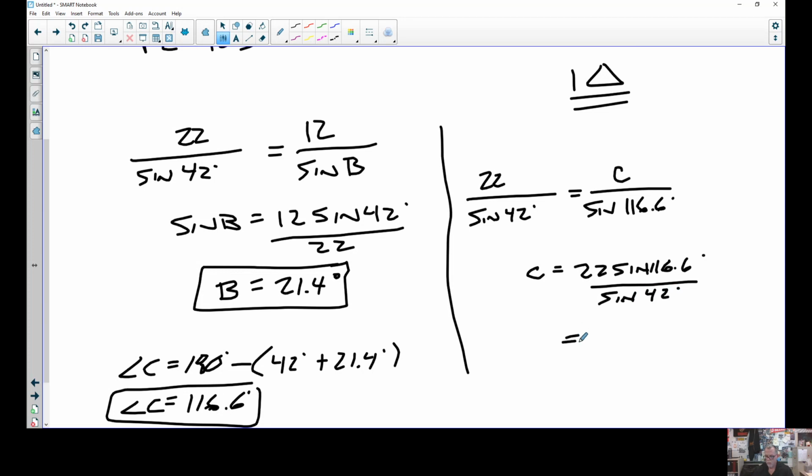So 22 sine 116.6 divided by sine of 42, length C would be 29.398, so we'll call that 29.4. And we got our triangle solved.